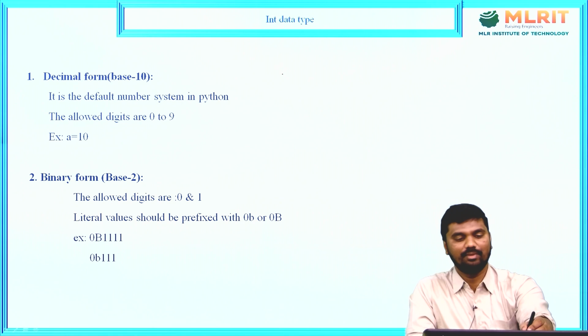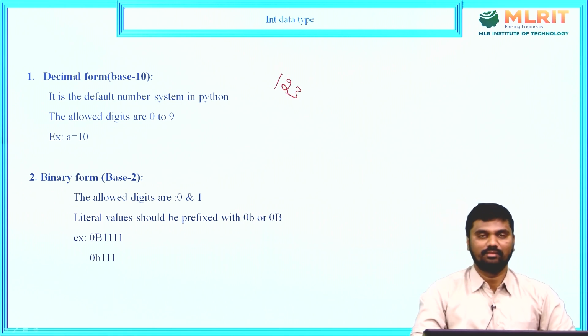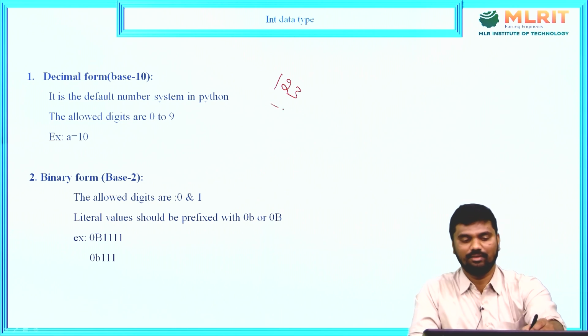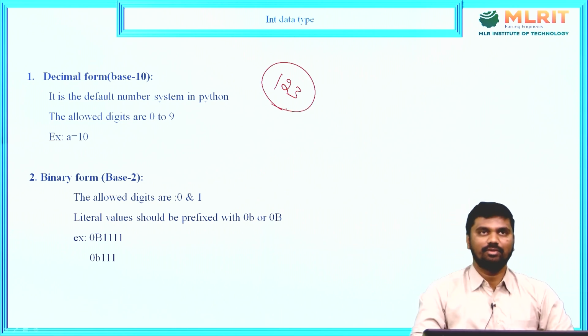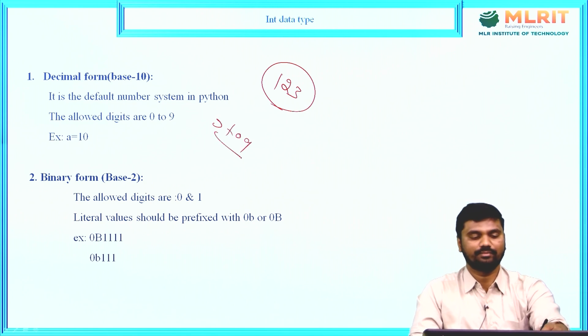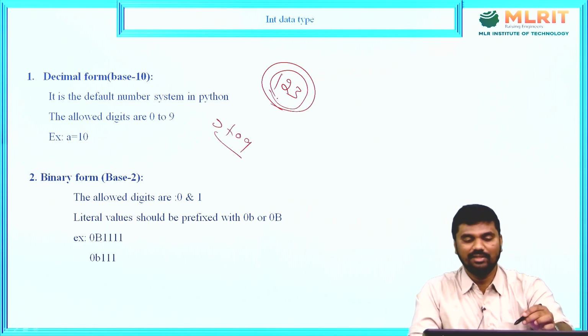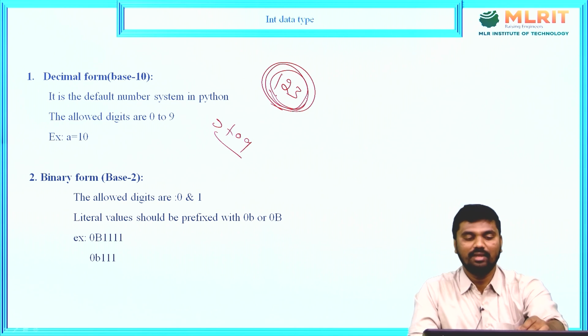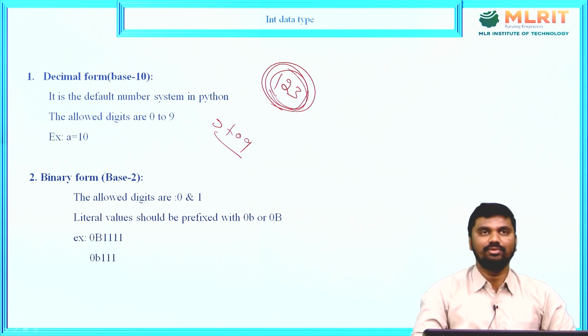For example, 123 is a decimal number. The allowed digits are 0 to 9.